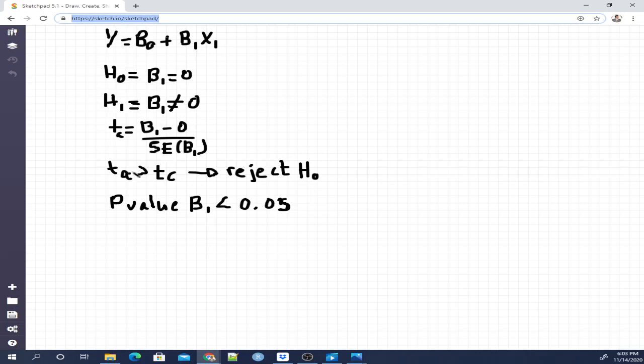And if this value, t-a, is greater than the t critical value that we get from the t-table or the chart that's found in most statistics books, then we're going to reject H0. We're going to reject the null hypothesis in that case. And just remember, we reject null hypotheses. That doesn't mean we accept the alternative hypothesis.